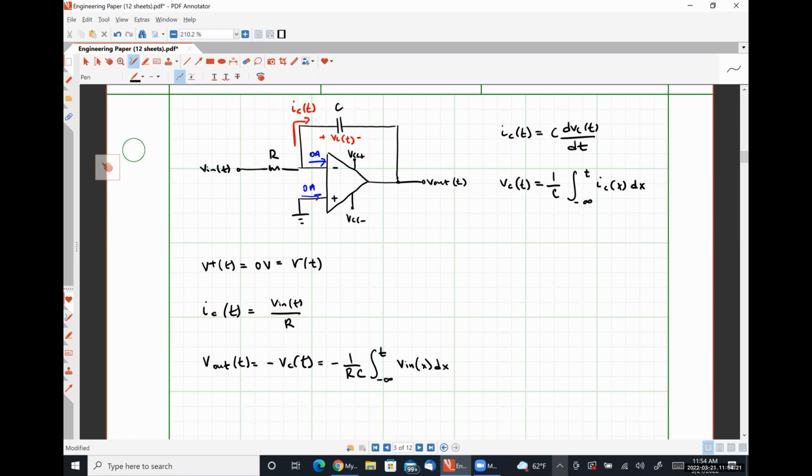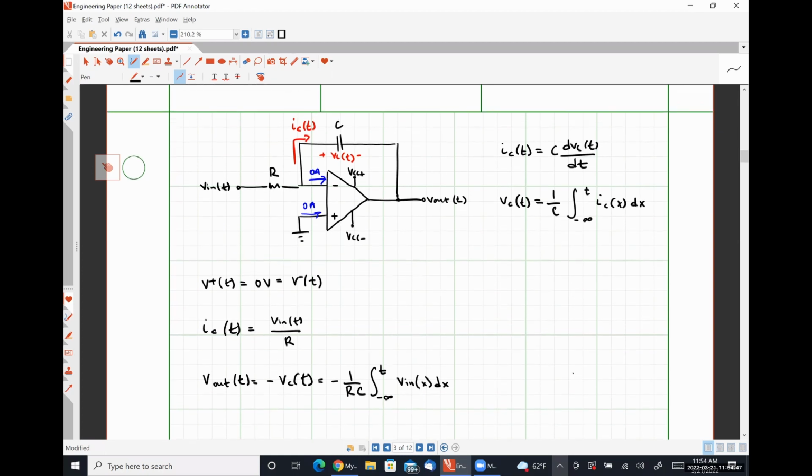More traditionally, we would integrate from t naught, some point in time where the voltage drop across the capacitor is known, to some later point in time, which would then add an initial condition onto our relationship here.